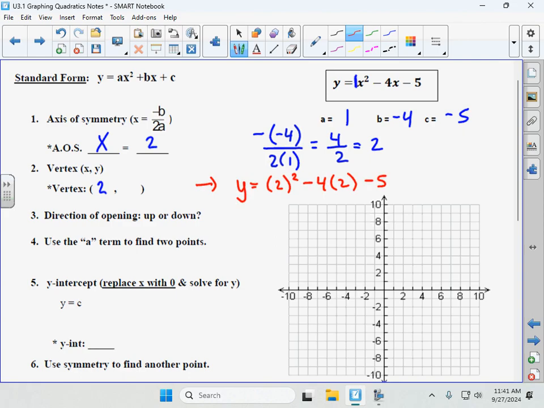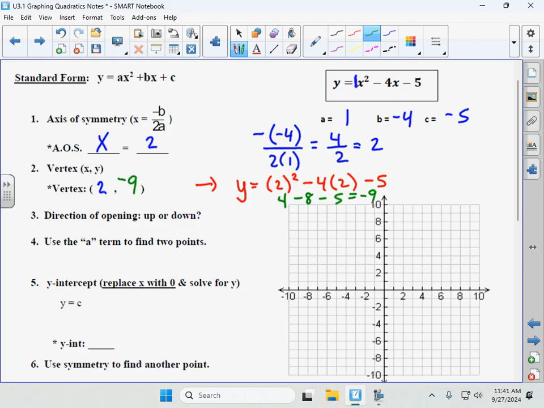Now we simplify. Order of operations: this would be 4 minus 8 minus 5, and 4 minus 8 is negative 4, and then negative 4 minus 5 is negative 9. So the y coordinate of the vertex is negative 9.